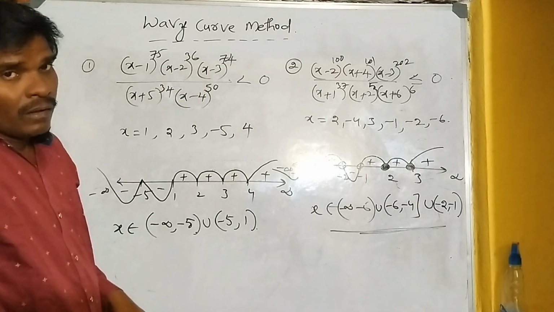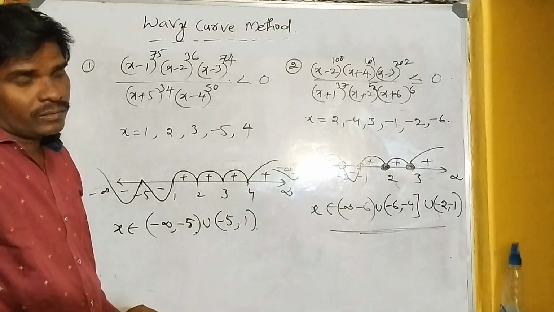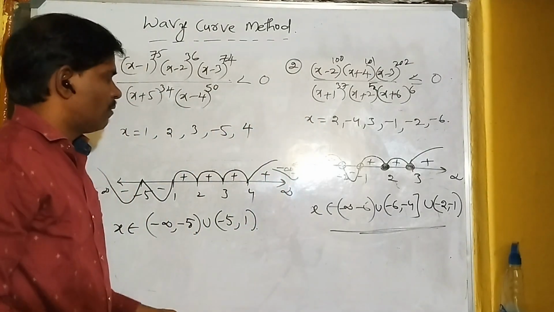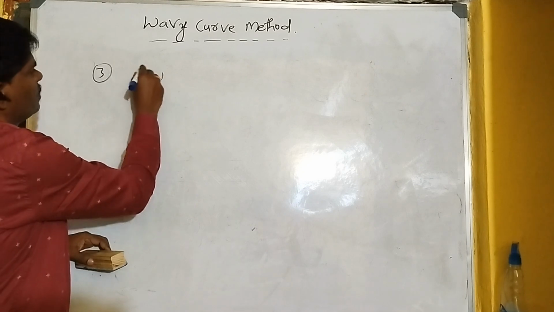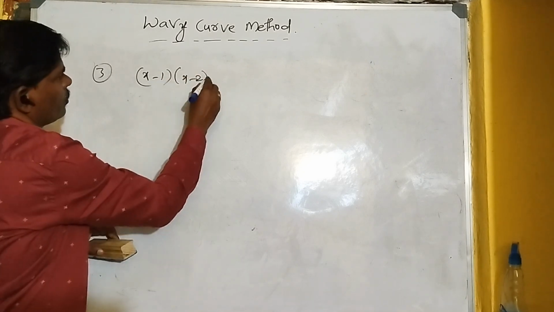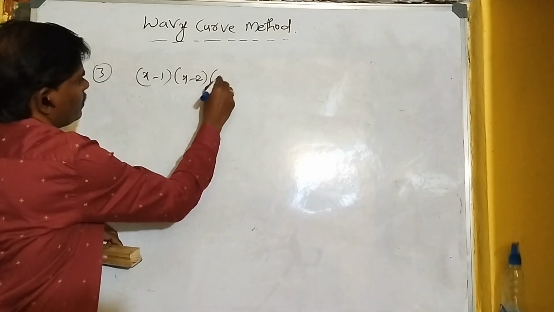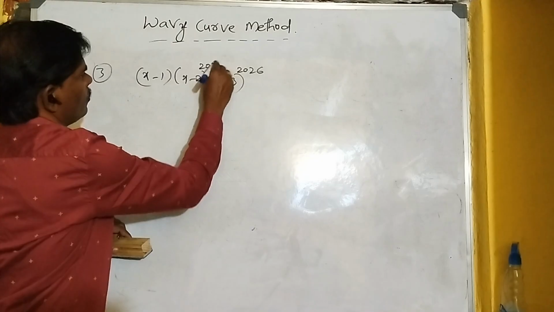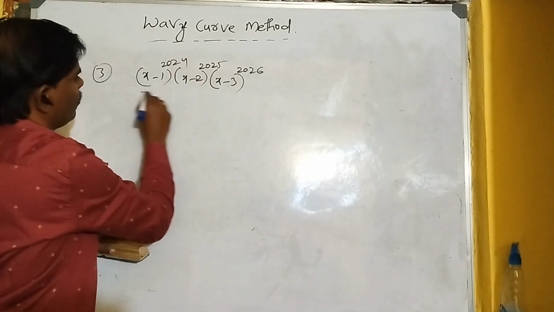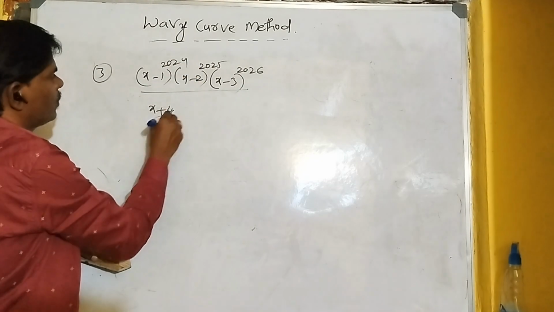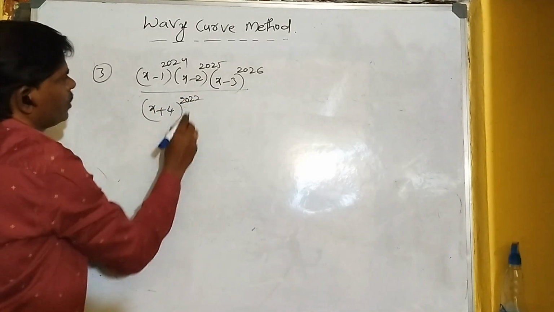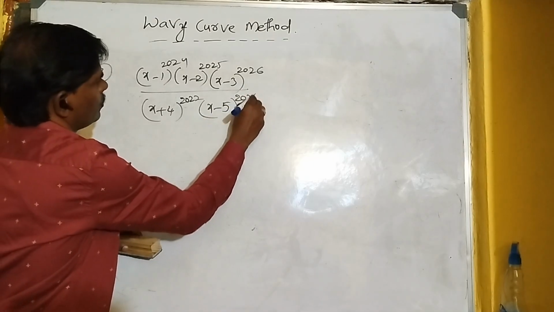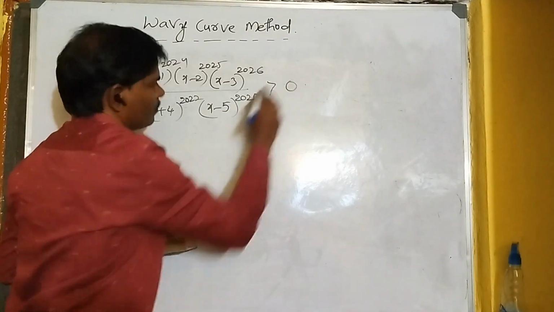Understand? This is an advanced type of question. Inequalities are very important. Next, one more question. (x minus 1)(x minus 2)(x minus 3) whole power 2025, 2024, divided by (x plus 4) whole power 2022, (x minus 5) whole power 2020, is greater than 0.